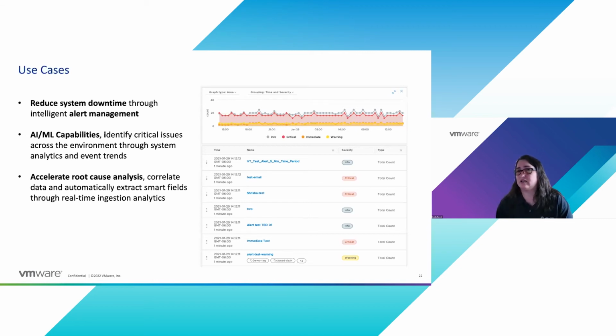It's easy in Log Insight Cloud to see the trends as they're happening across your logs. And all of this leads to a correlation of data that allows for improved root cause analysis and hopefully quicker root cause determination.